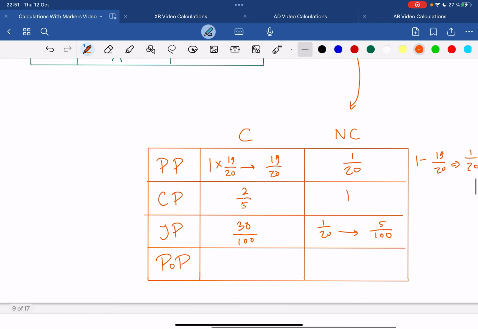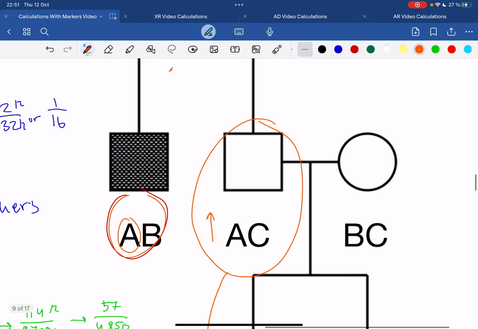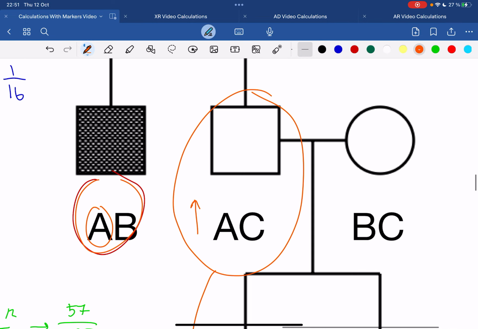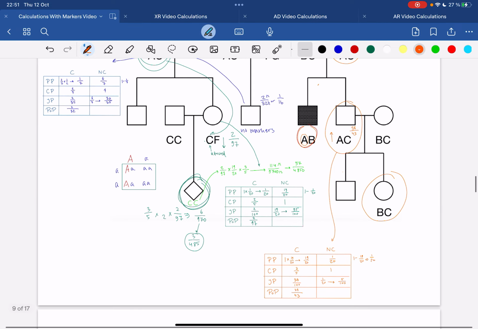And then for posterior probability, we have the top here divided by left plus right side, so 43. So the chance for this person to be a carrier is 38 over 43, just like the Bayesian table says.